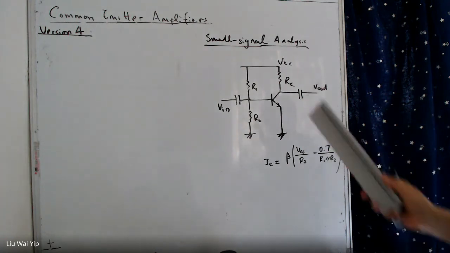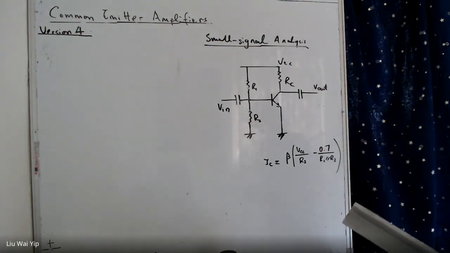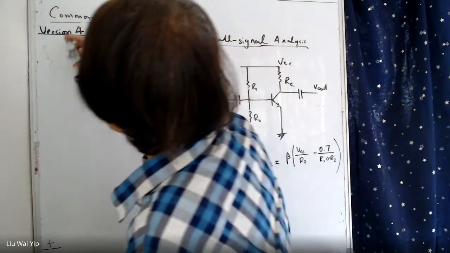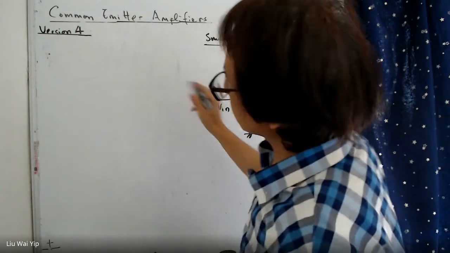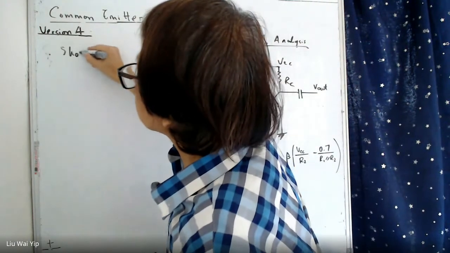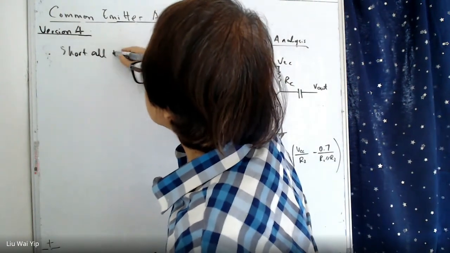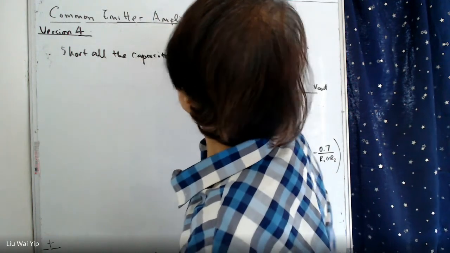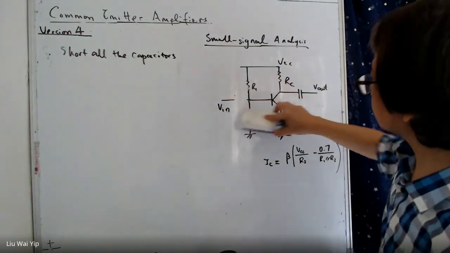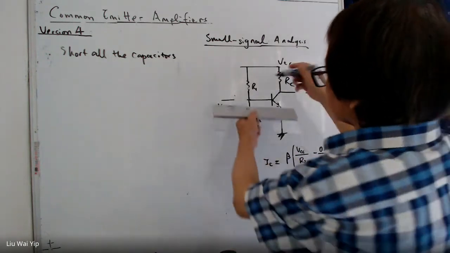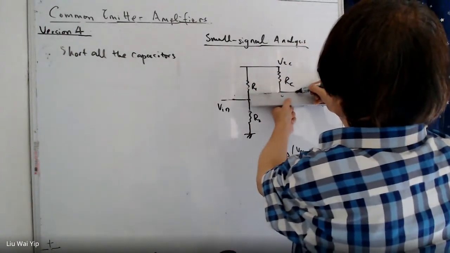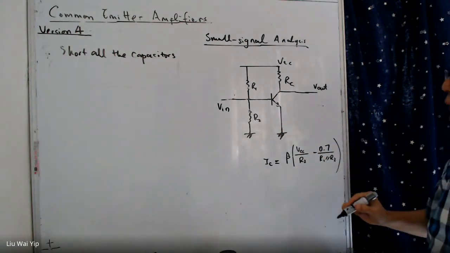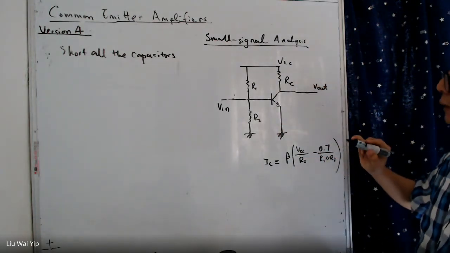Now you have this simple circuit here, and as I told you, the very first thing that you need to do is to short all the capacitors. You saw this, and replace each BJT with its small signal equivalent.